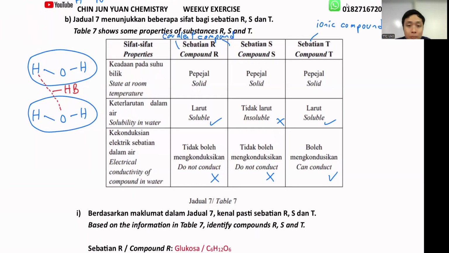Actually, it's possible. It can be silicon dioxide, which is SiO2. That one is sand, right? Sand to make your glass. Or you can put diamond, it can also be answered. Diamond in Malay is called berlian.